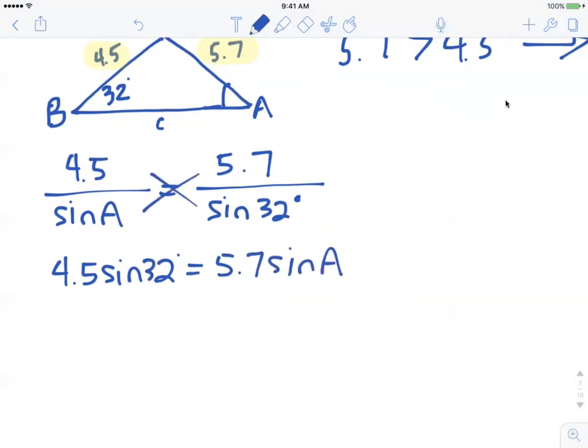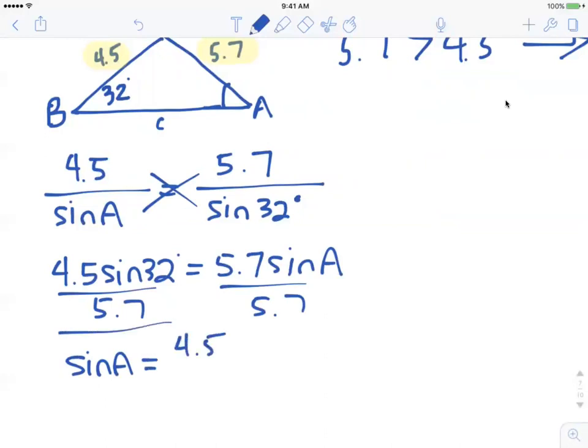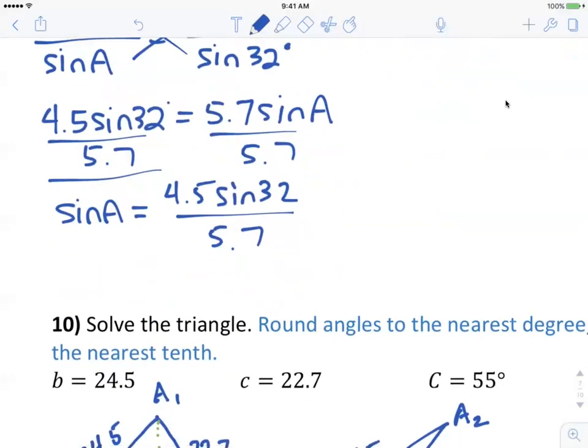All right. And then divide both sides by the 5.7. Okay. And then have that equals the sine A, right? So maybe I'll put the sine A on this side, and then this over here, 4.5 sine 32 over 5.7, right? So a lot of this is just algebra in a sense.